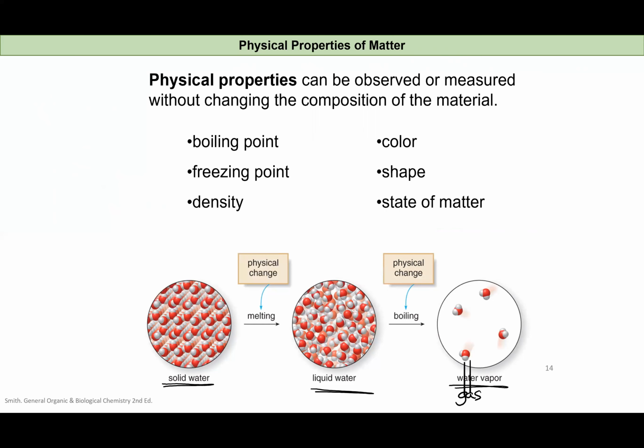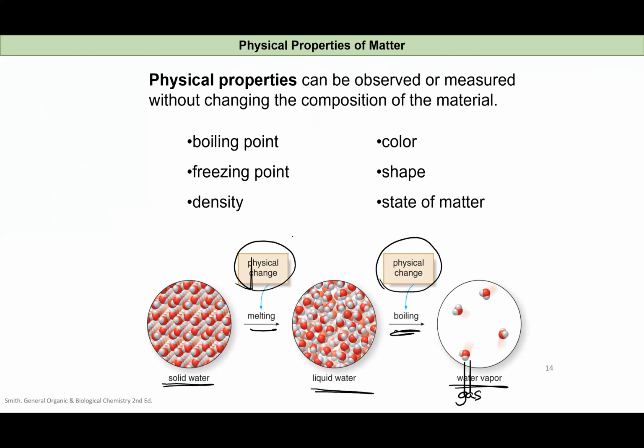And so when it changes from one state to another, like going from solid water to liquid water, it'll undergo what we call a physical change. That physical change here is going to be melting. If we go from liquid water to a gas, we'll have the phase change called boiling. Again, this is another physical change.